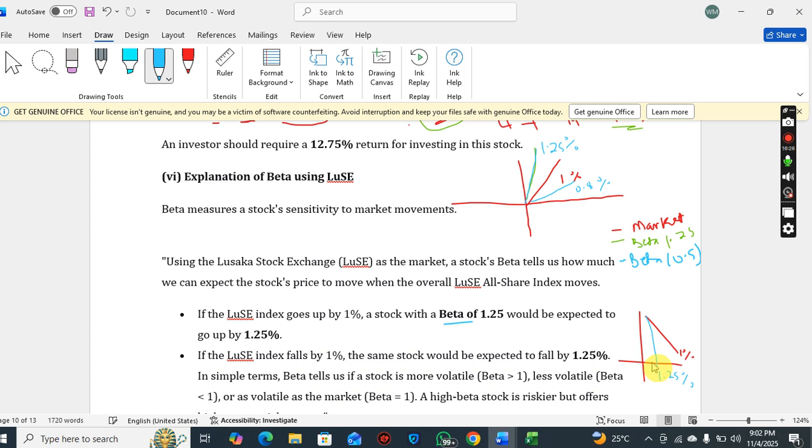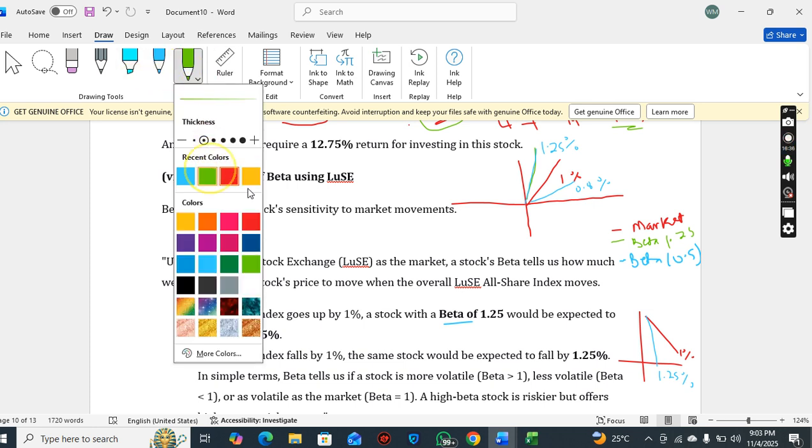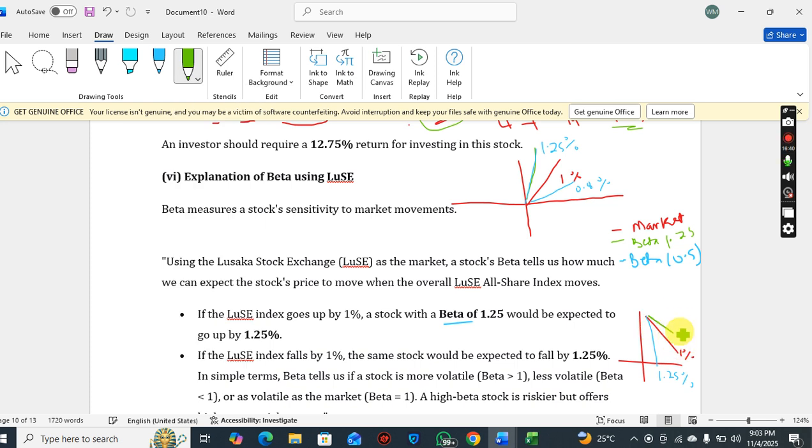It's going to fall more than the Lusaka index. Okay, share price is going to drop more than the stock index. And then the person who has got a beta of 0.8, at least their stock price will just drop by 0.8%, which is less than the stock market. So you'll be safe. Okay, so beta is just showing the relationship of the stock's volatility with the stock market.